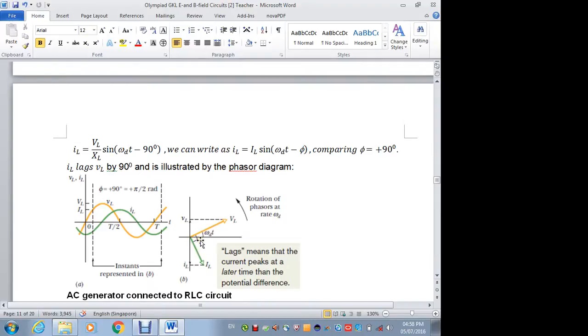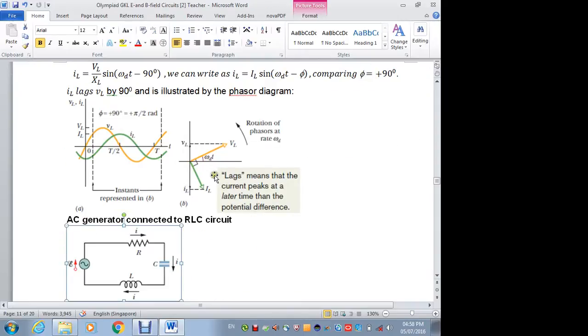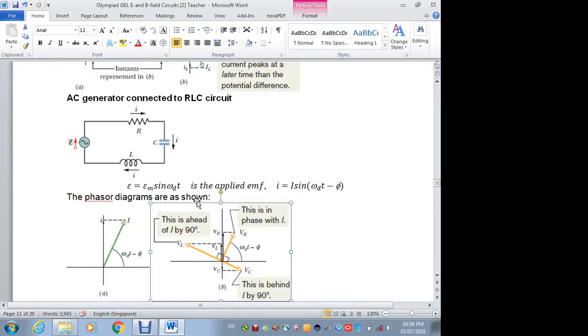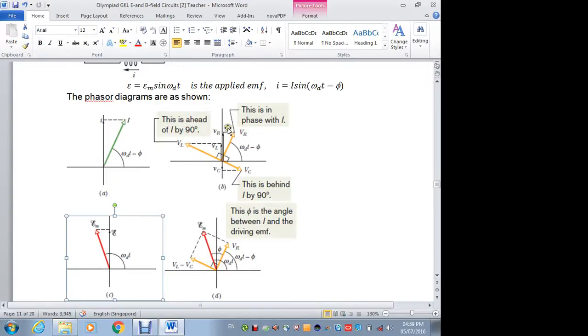But now this phasor diagram, the below one, this is not VL. This is VL. So remember, VL leads IL. So now we are drawing the IL at the angle of the VL. So you look here again. Imagine this as the IL.